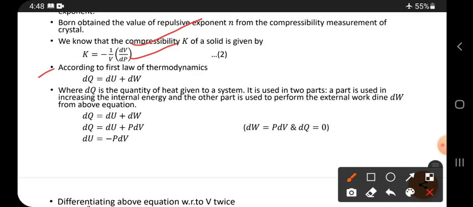According to the first law of thermodynamics, dq is equal to du plus dw. That means the amount of heat energy given to the substance can be utilized to increase the internal energy and to do work. So a single energy can be converted into internal energy as well as work done.